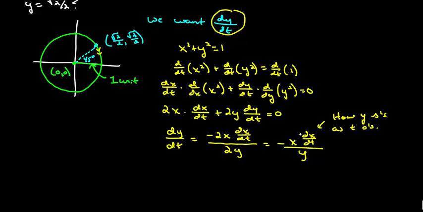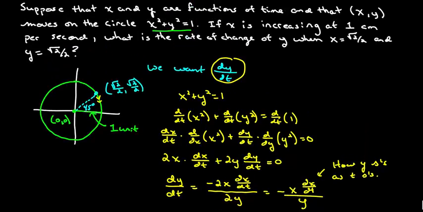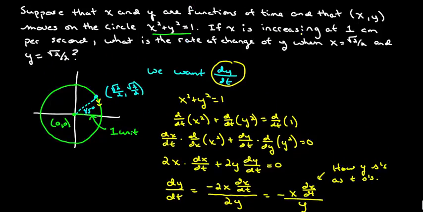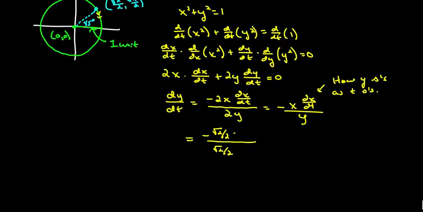Now the x and y variables here, that's our x and our y. So this is equal to negative square root of 2 over 2 over square root of 2 over 2, times dx/dt. What is dx/dt? This is how x changes with respect to time, and we know that it's increasing, so it's positive. It's 1 centimeter per second.